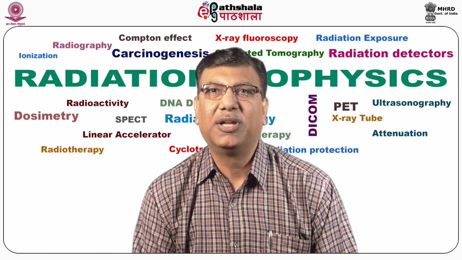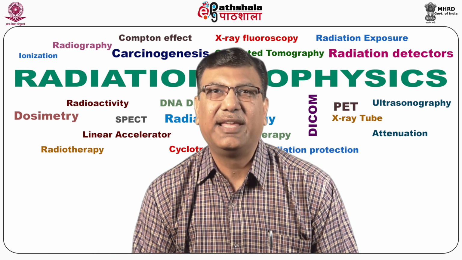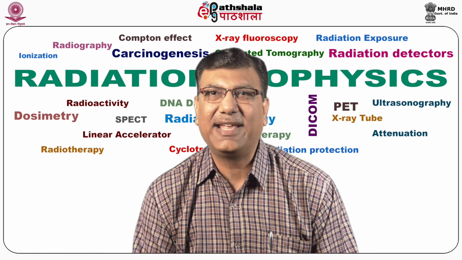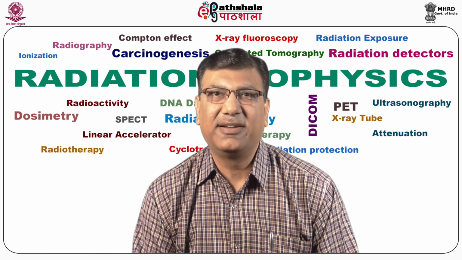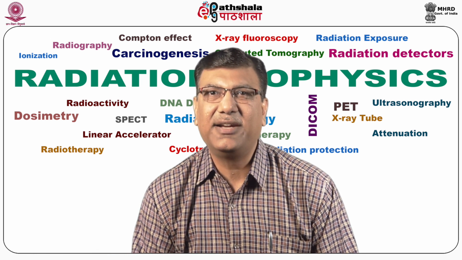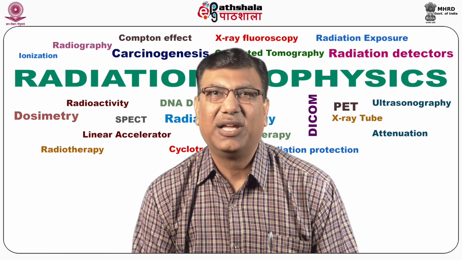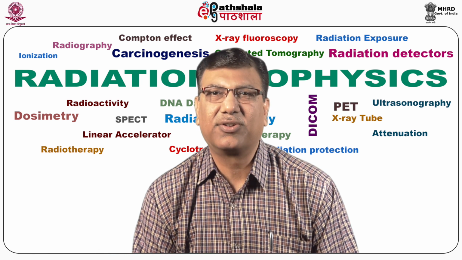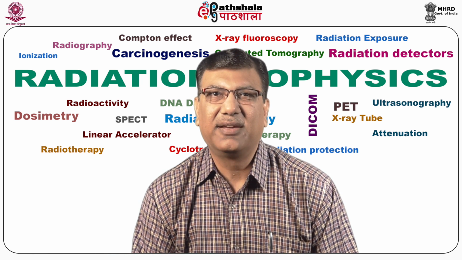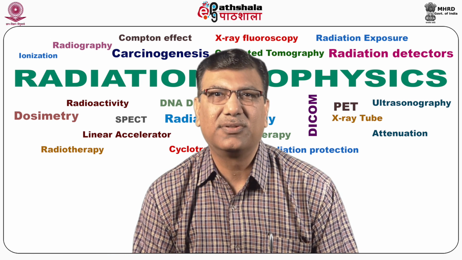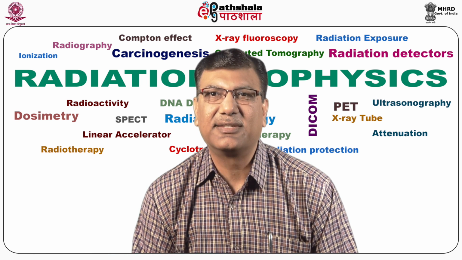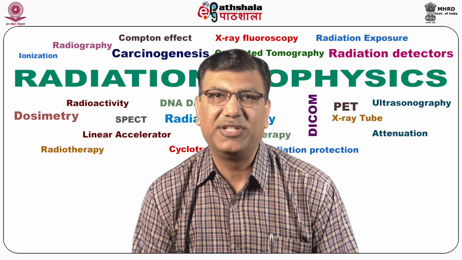All have no net charge. They are electrostatically neutral. In order to detect them, they must interact with matter and produce an energetic charged particle. In the case of gamma and X-rays, a photoelectron is produced. In the case of neutrons, on interaction with matter, a proton gets kinetic energy in collision.